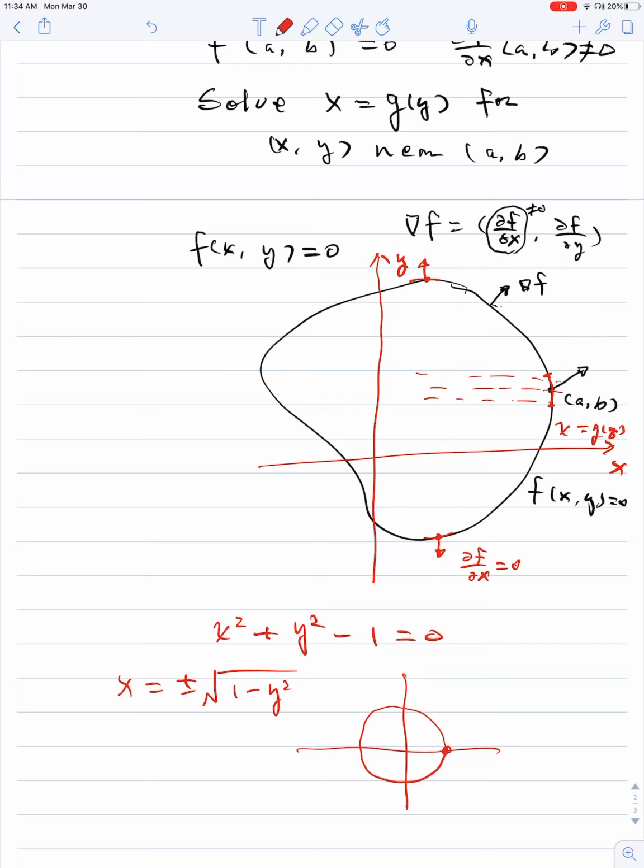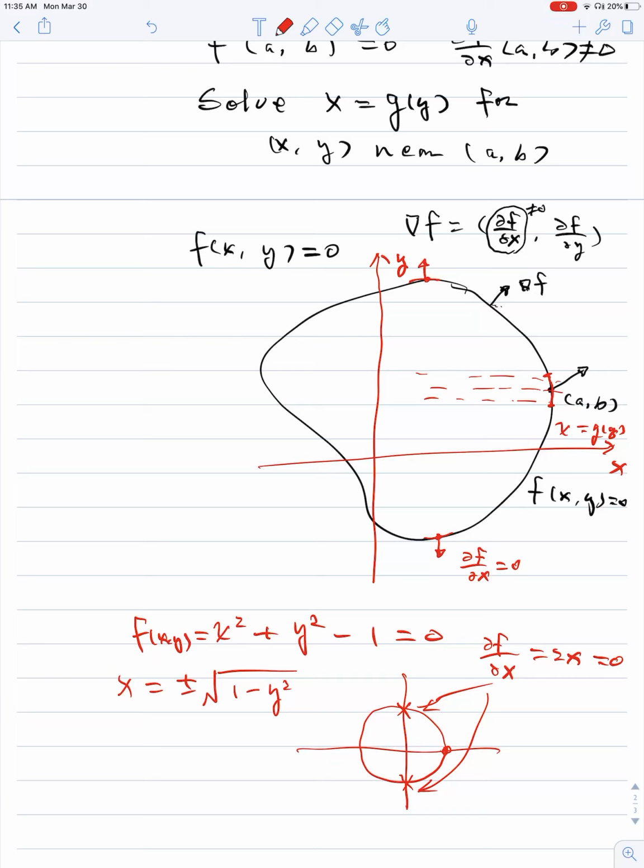However, at these two points here, you will not be able to solve x in terms of y. That is because at these two points, this is our f(x, y), df/dx, which is 2x, is 0.